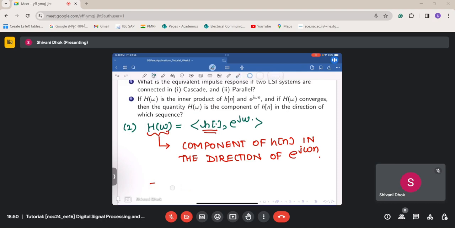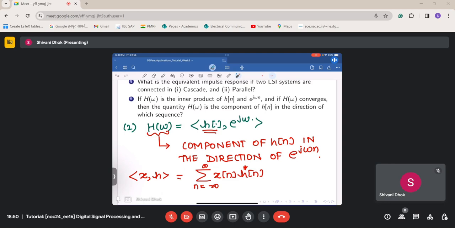By definition, if I have two sequences, let's say x and h, complex sequences, then the inner product is the sum with n running from minus infinity to infinity of x of n into h of n conjugate. This part you can say is a product, but inner product is a term we generally use in vector spaces and different spaces.